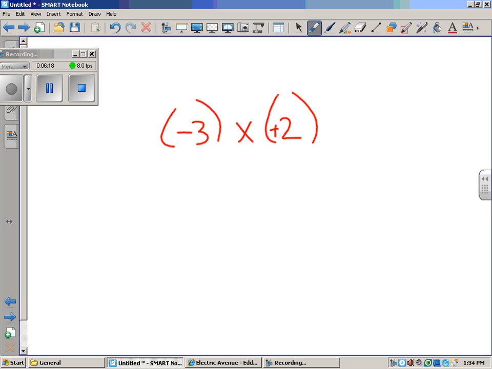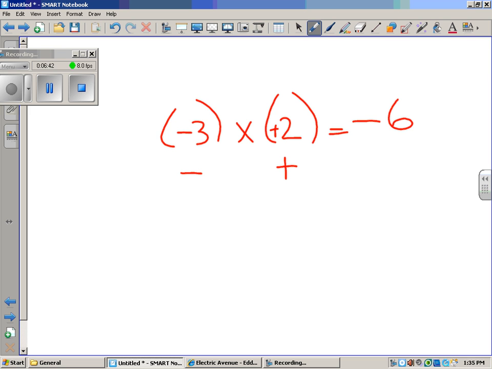So -3 times +2, you would recognize that that's a negative sign, that's a positive sign. Remembering your rule, if the signs are opposite, you know the answer is going to be a negative number, and 3 times 2 is 6, so that'll be -6. We could do tons and tons of examples. You're going to get some practice in your books, but that's not where we're going today.